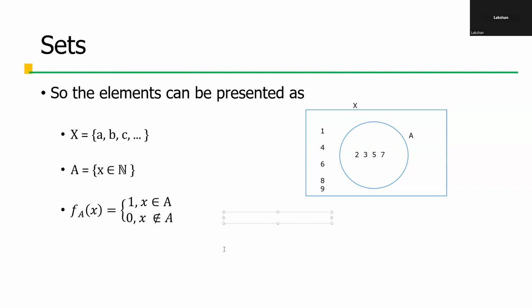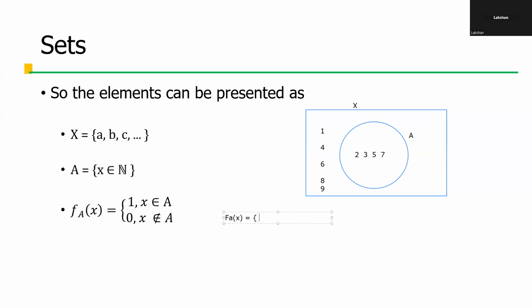Then we define f_A(x), which is the characteristic function. It can be written for the prime numbers.